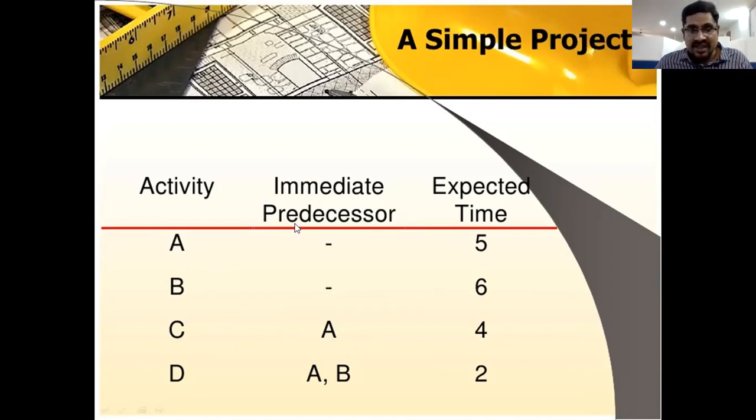C activity has 4 hours of time to complete. And next D activity. D activity will appear when A and B, these two activities, are completed. D activity has 2 hours to complete, right?